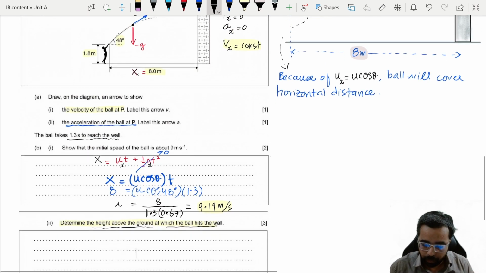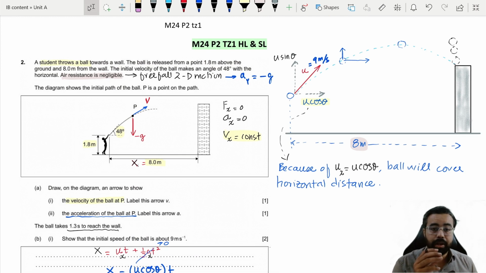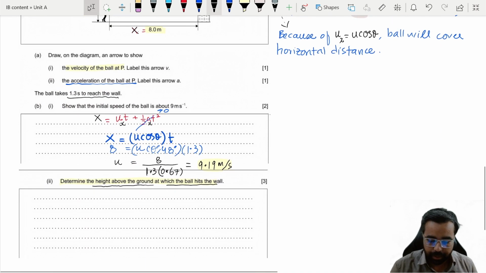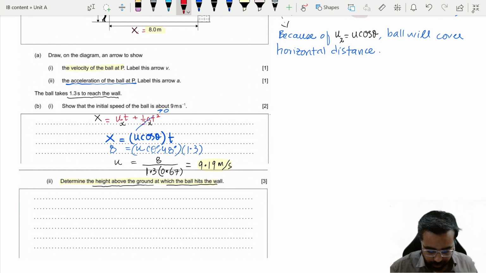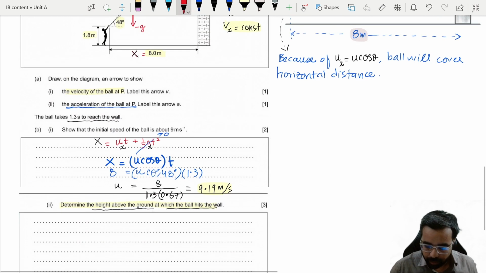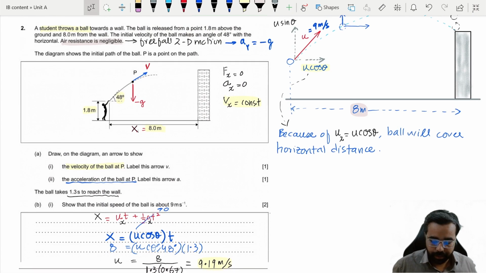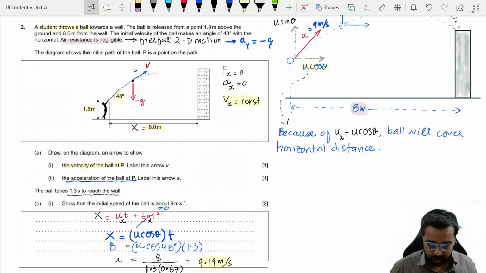Now once again we will apply the Suvat equations because it's a projectile motion, a two-dimensional motion, a free fall, so you can apply Suvat for this. So for this, do we have all the data? We have to confirm it first. So I will consider once again the path of the ball.